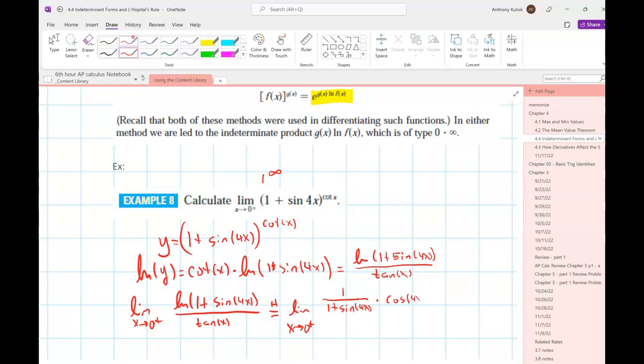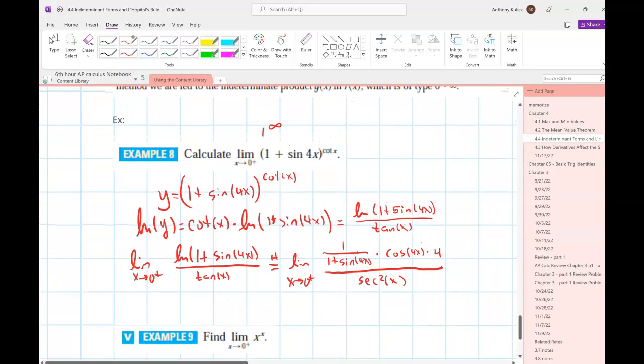Good. Times 4 over secant squared. Okay.